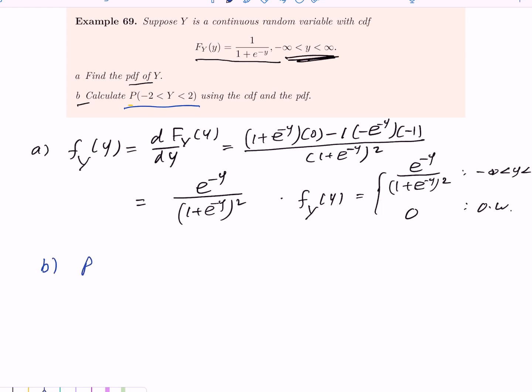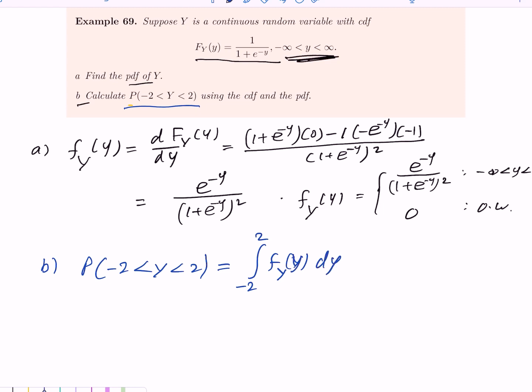So this is the probability that Y is between negative 2 and 2. This can be written using the integral from negative 2 to positive 2 of f_Y(y) dy, right?